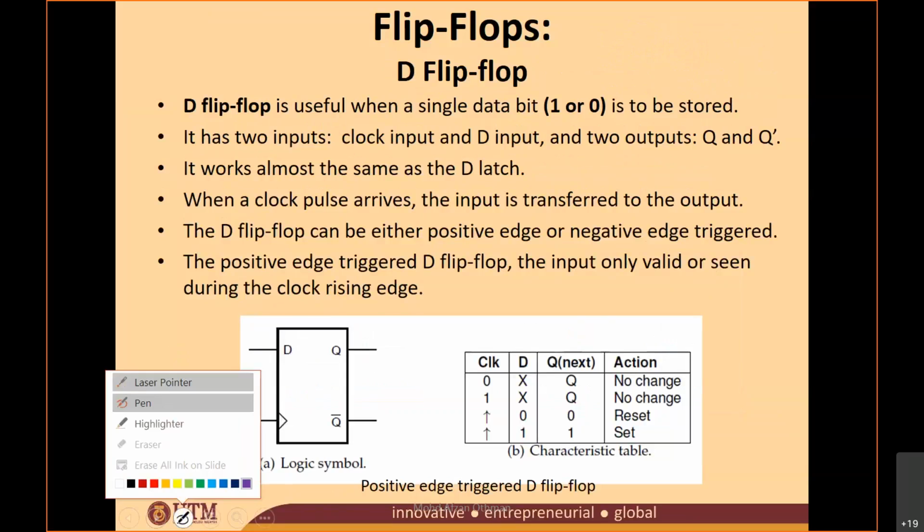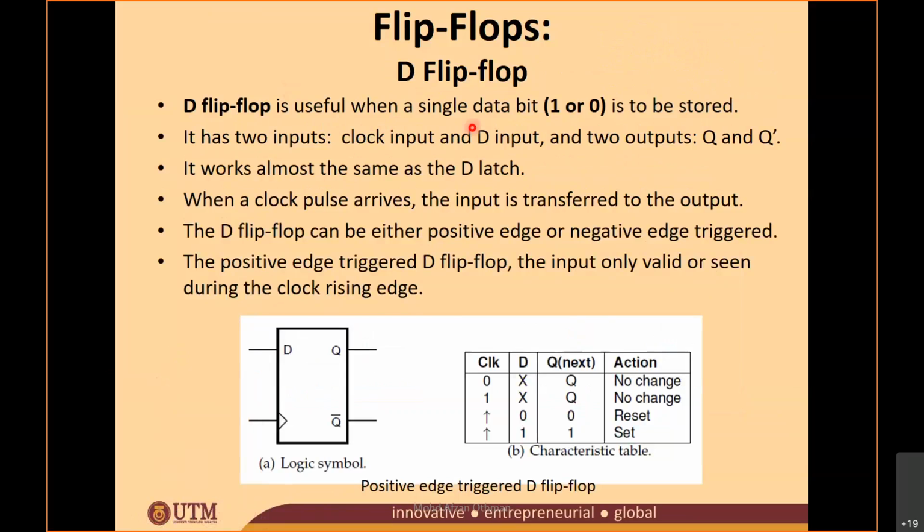The D flip-flop is useful when a single data bit, 1 or 0, is to be stored. So if you want to store 1 or 0, you can use the D flip-flop. It has two inputs, which are the clock input and D input, and two outputs, Q and Q bar. It works almost the same as the D latch.